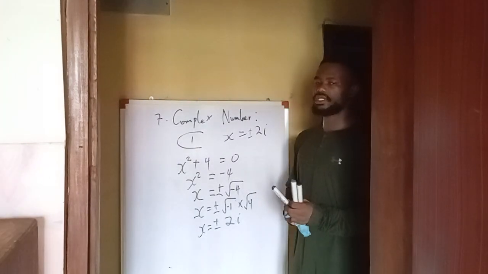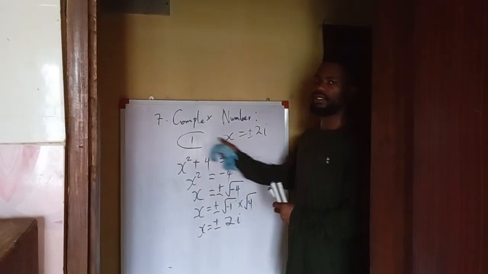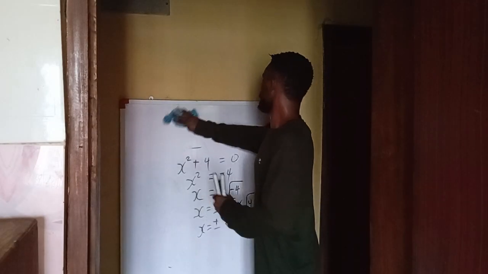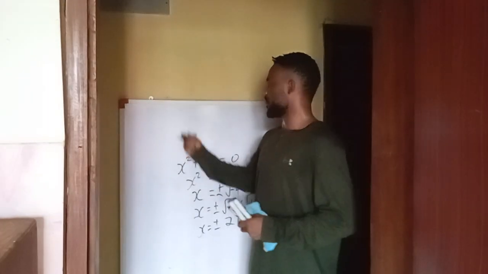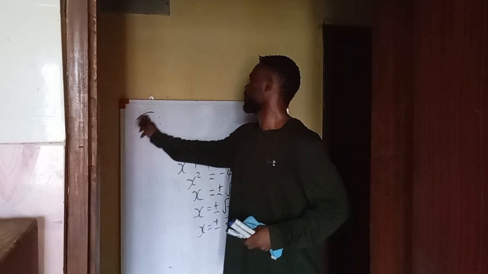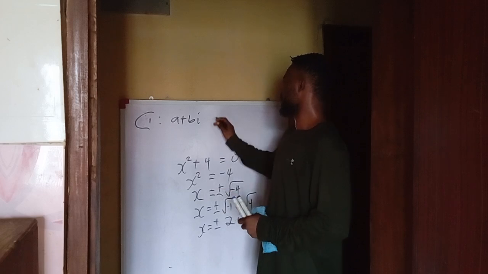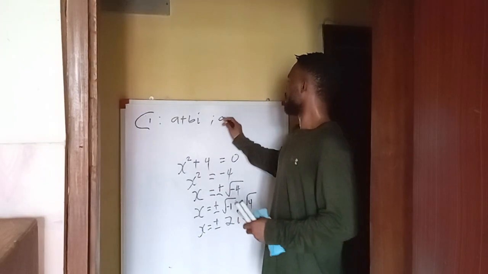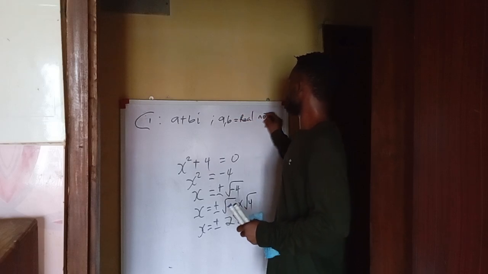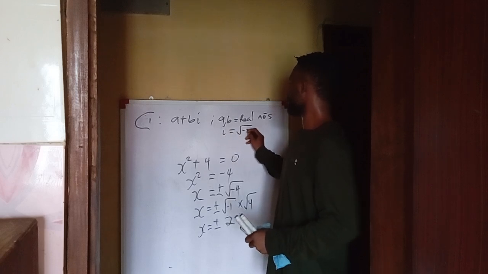So if I know this, it accounts for what a complex number is. Mathematically, we write a complex number as the set of numbers a plus bi, with real parts and imaginary parts, such that a and b are real numbers and i equals root minus 1.